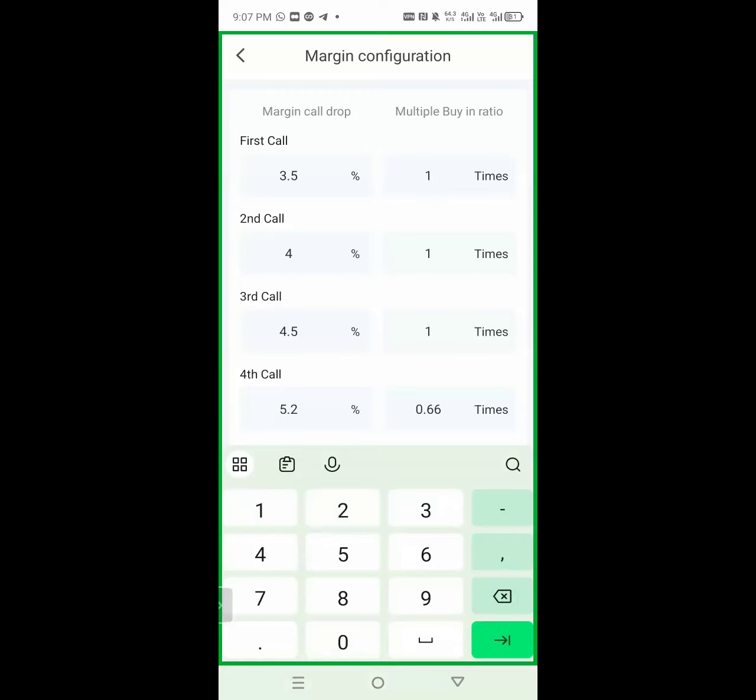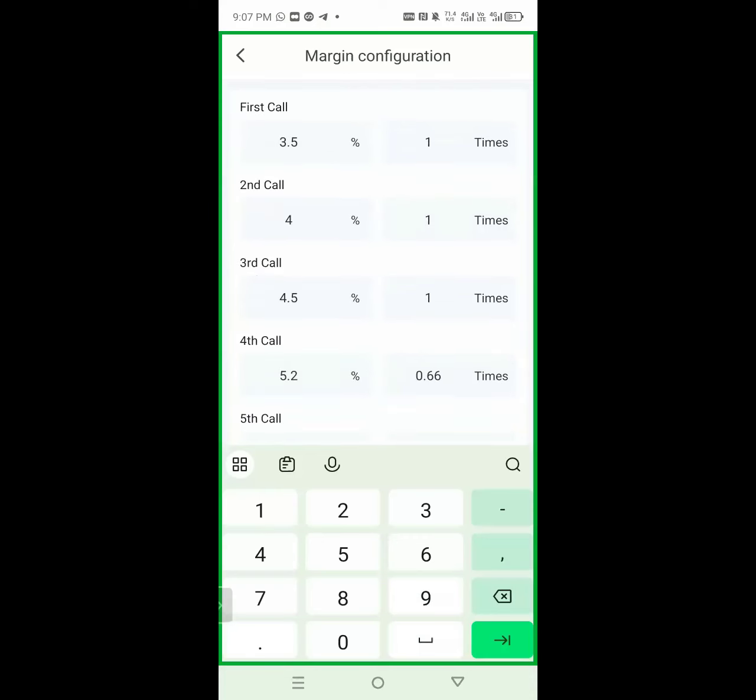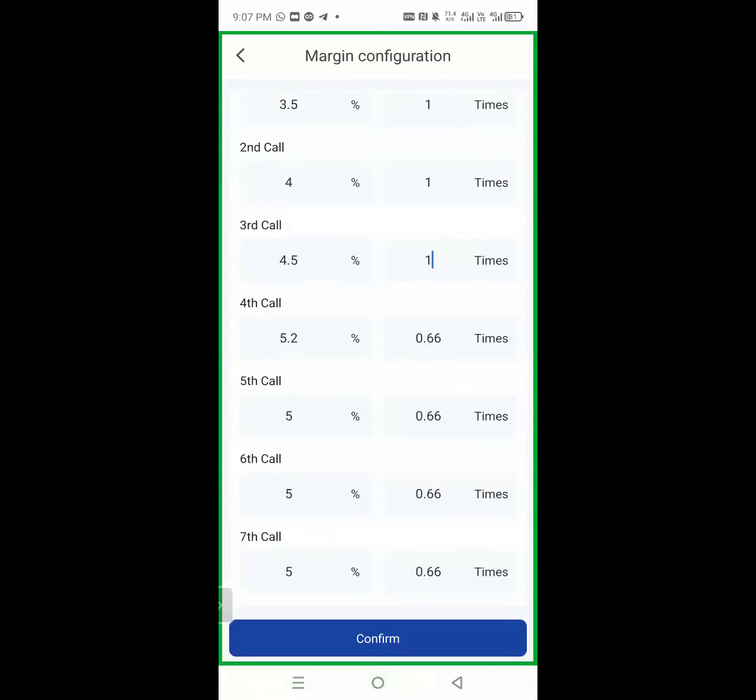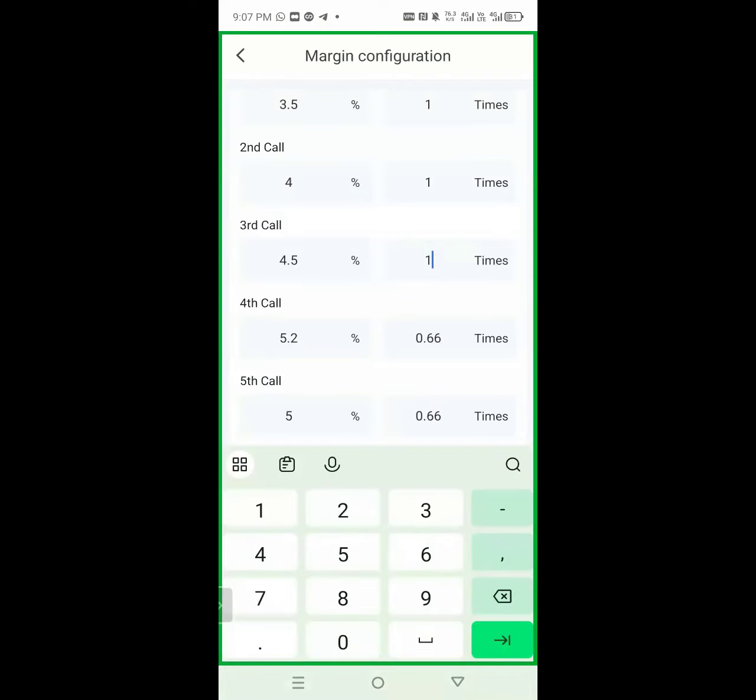We have already said that out of the 85, we want the robot to buy our first 3 margins with $15. So that is why we put 1, 1, 1. When the robot does 1 times 15, it will get 15. This times is your normal multiplication table.